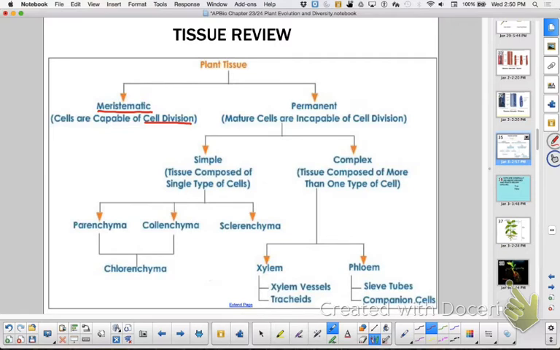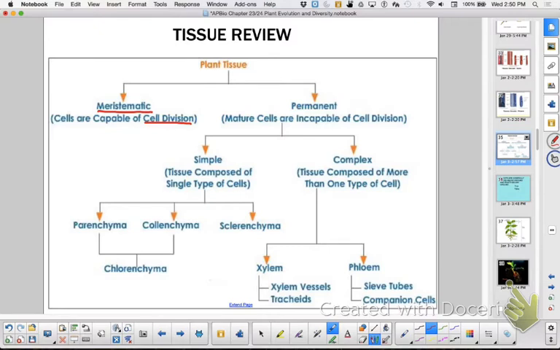Vascular cambium would be an example, and that allows you to increase in girth. Monocots don't have that, but eudicots do. Remember we talked about most monocots only last for 1 season. They could be annuals, but things like a palm tree is perennial, but it doesn't increase in girth, it just kind of keeps growing taller.